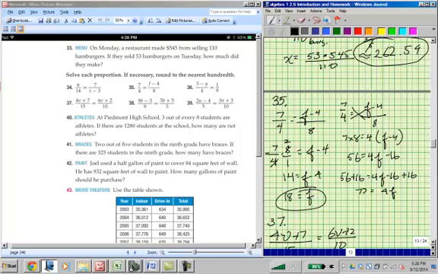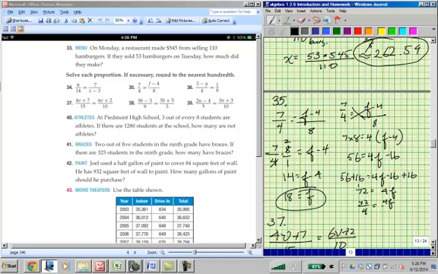37. Now 37, I do the traditional way. I get 4v plus 7 over 15 equals 6v plus 2 over 10, and I cross multiply. 10 times 4v plus 7 equals 15 times 6v plus 2. I can cross multiply because I've got a fraction equaling a fraction.